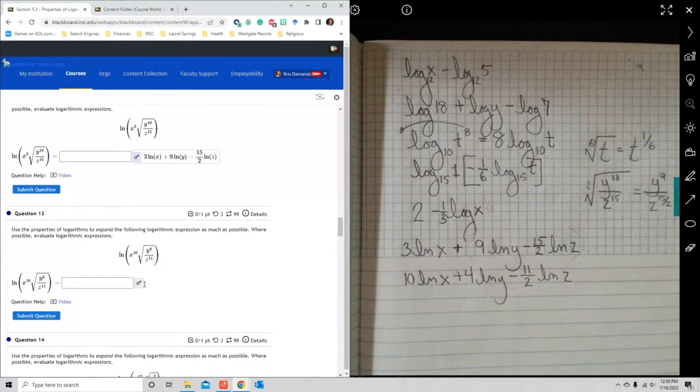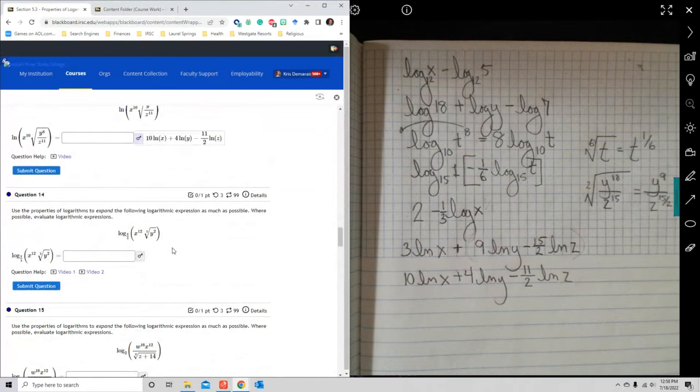All right, that one's almost identical to what we had up here. There's not much going on with the difference in the properties there.